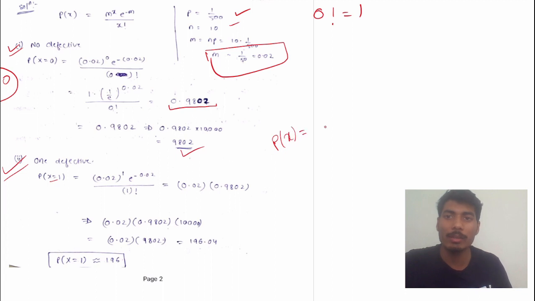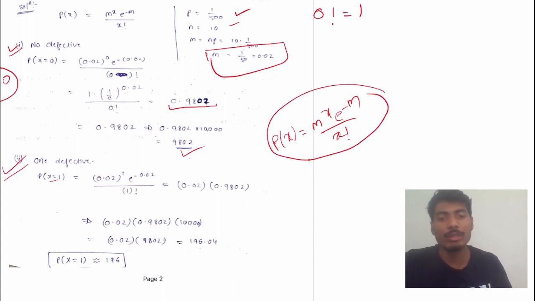Remember this formula, P(x) equal to m power x e power minus m by x factorial. Use this formula, put the values and get the answer. In the place of m we put 0.02 and in the place of x we put 1. After putting the values, we get this one. Okay.